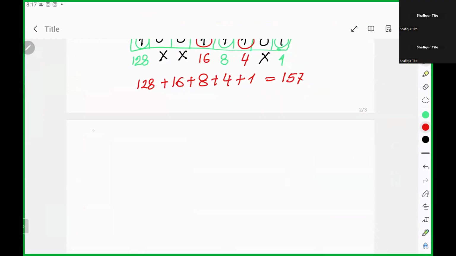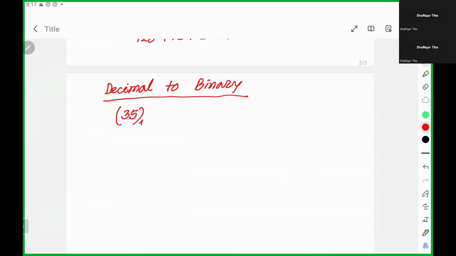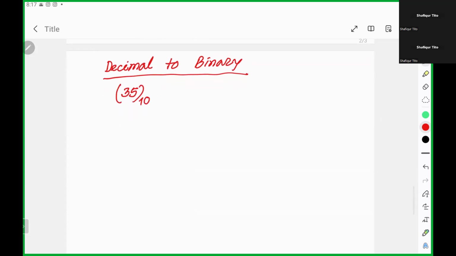Okay, so we are trying to do conversion from decimal to binary. We are trying to convert 35 of base 10. Now what we need to do is use that table again.